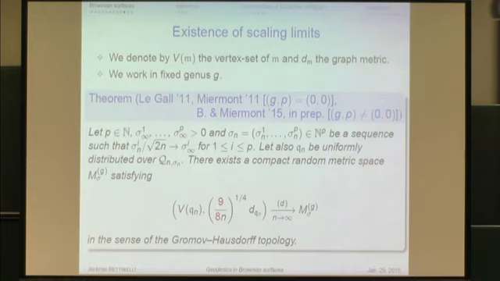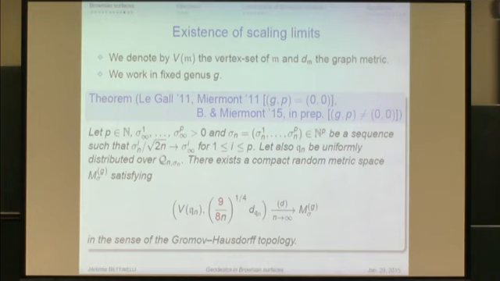So the result is what you expect. You still fix your sequences of boundary length. You take a uniform quadrangulation with n internal faces and the prescribed boundary length, and then this sequence of random metric spaces converges without any extraction toward a compact random metric space.